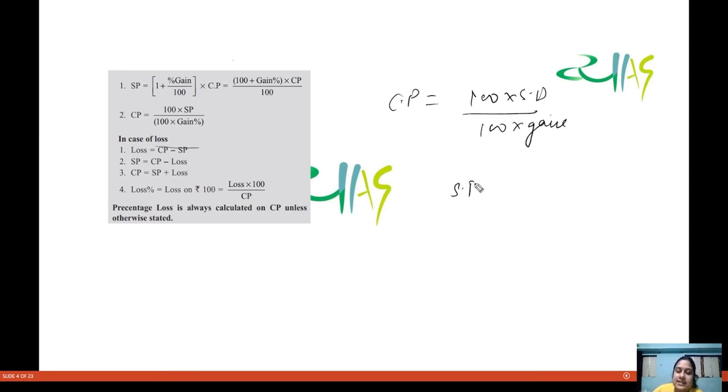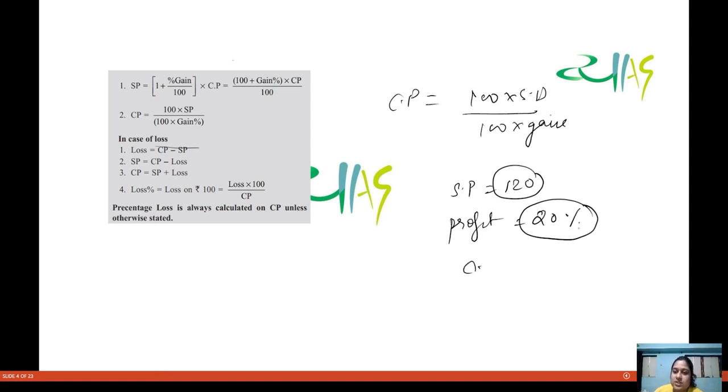Okay. So let's say I am having selling price as 120, the profit percentage is 20%. So what is cost price? Now, see, the profit percentage is 20%.